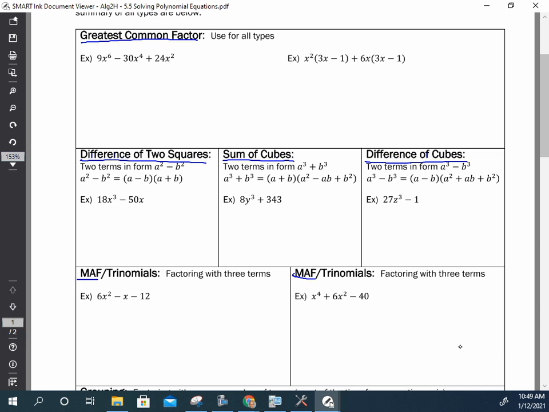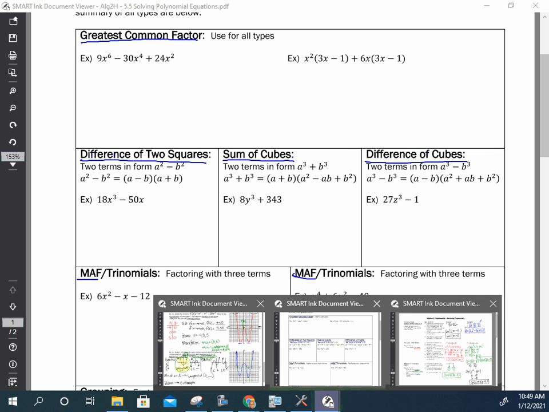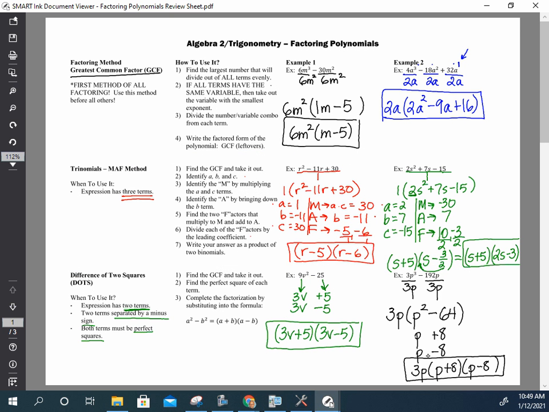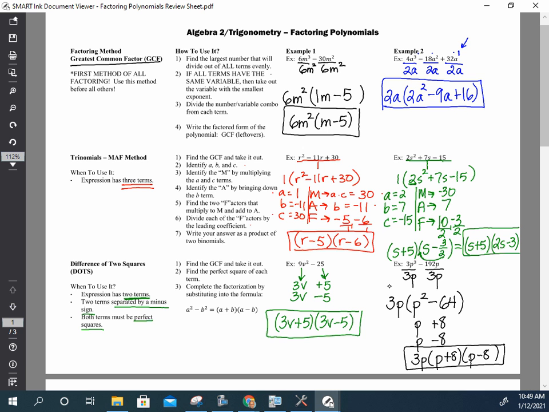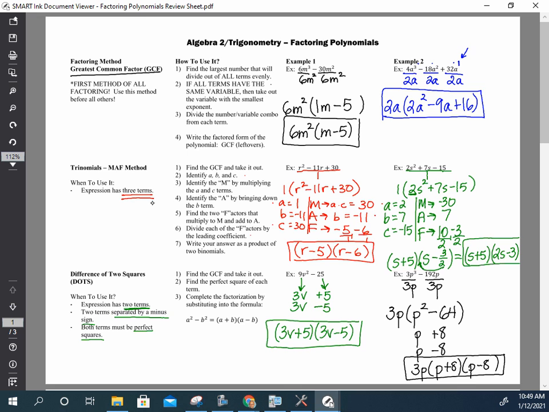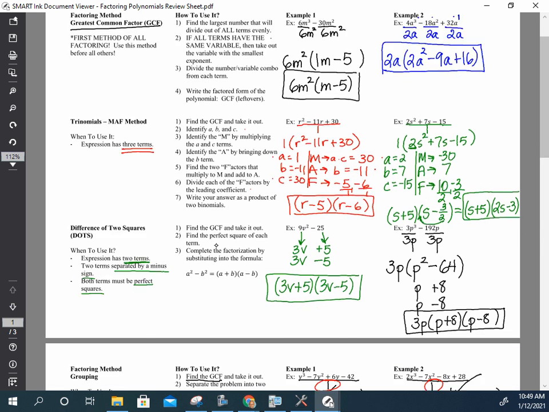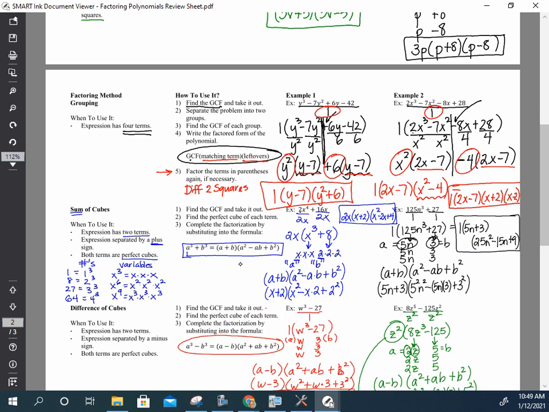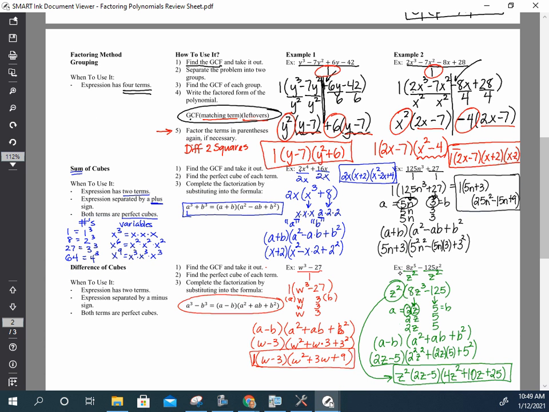What I've also done to help you out as you get started. This is a review sheet that I made a couple of years ago. Greatest common factor, trinomials, MAF, difference of two squares, grouping, sum of cubes, difference of cubes. So it's basically a handout of all the different types of factoring and how you go about doing it.